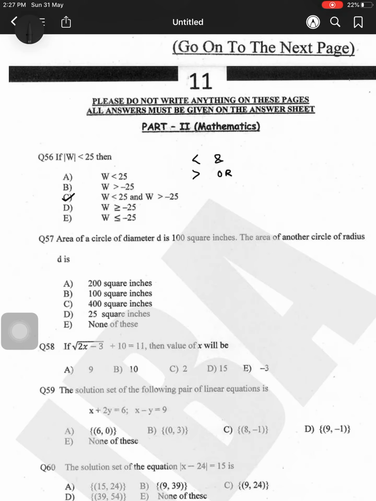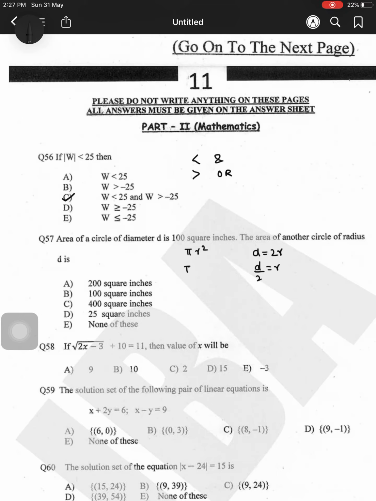This next question says you have to find the area of another circle of diameter d. So area of a circle is pi r square. And the diameter formula is 2 times r. R is the radius.